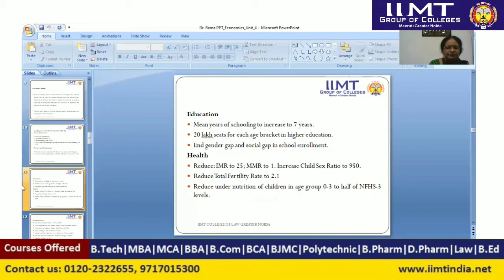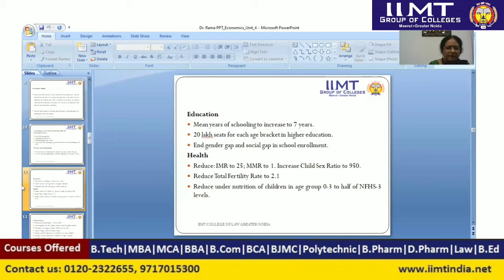Education. Mean years of schooling is increased to 7 years, and 20 lakh seats for each age bracket in higher education, and reducing the gender gap and social gap in school enrollment. Next is health.